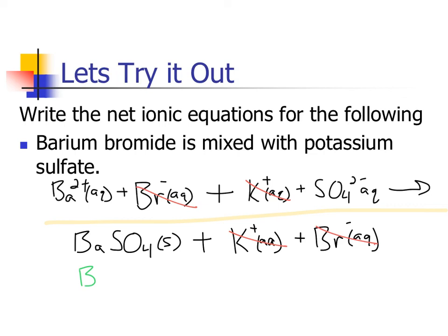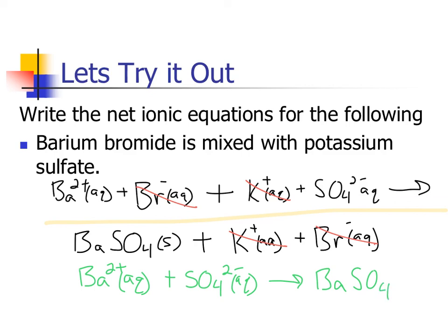And that ultimately, again, my net ionic equation is aqueous barium when mixed with aqueous sulfate, a solid or precipitate forms of barium sulfate.